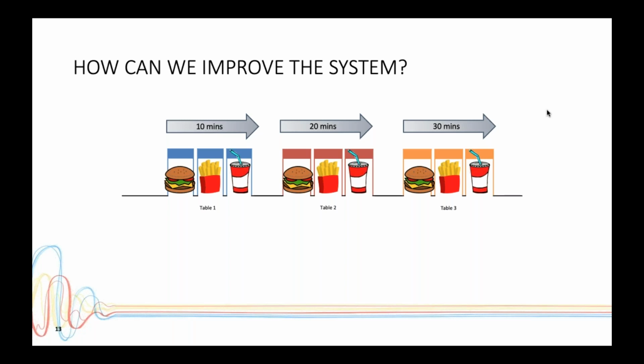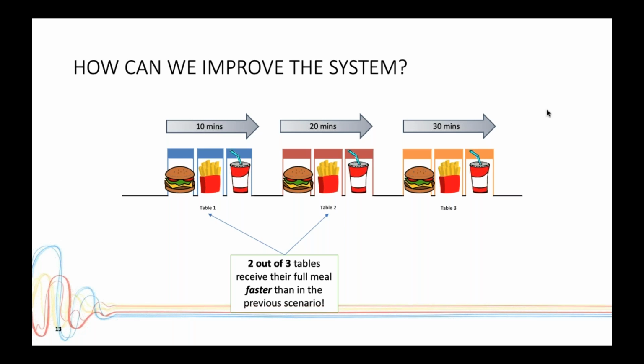So the waiter isn't doing anything more or anything less. The kitchen is still producing the same amount of food. But what we can notice is that 2 out of the 3 tables are receiving their full meal faster than in the previous scenario. So, not only is table 3's meal hot, but it's no worse than in the first example, and the other 2 out of 3 are significantly better.